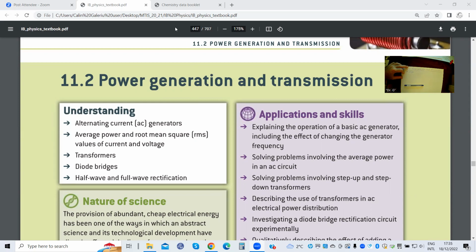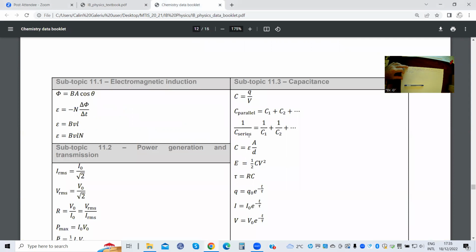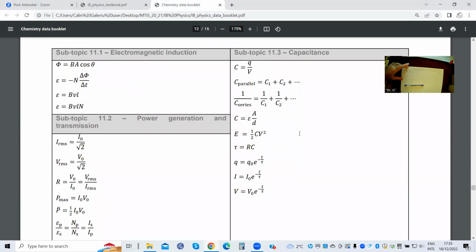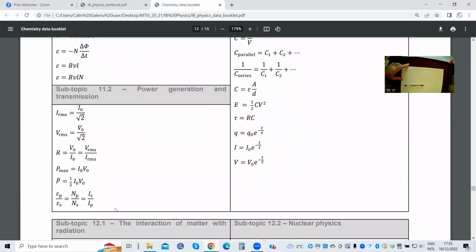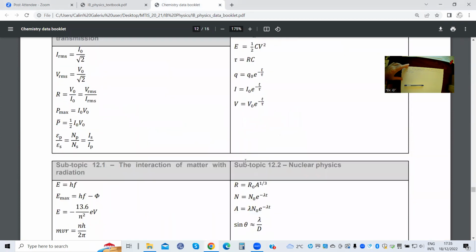This situation comes with a lot of formulas in the booklet. Look at all these formulas here. I RMS equals I0 over square root of 2. V RMS, RMS stands for root mean square, is V0 over square root of 2.